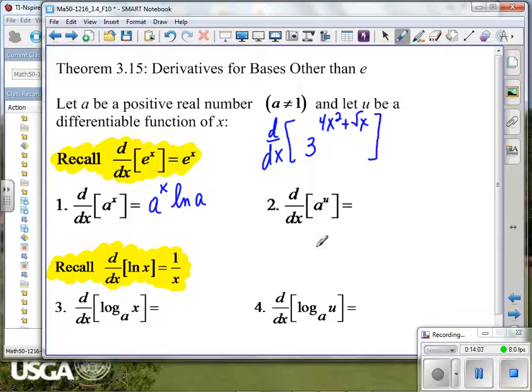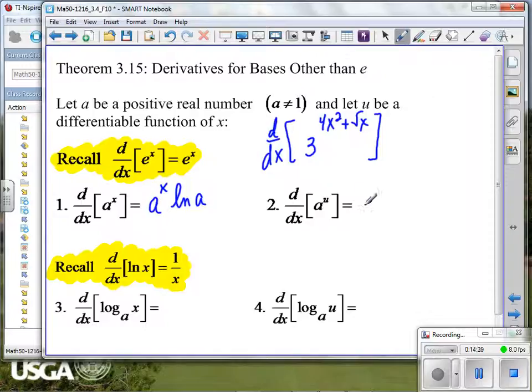That's what this is equivalent to. Because we don't have base e, agreed? It's not base e, it's base 3. And we don't have just x up here, we've got another function. So it's a composite function. You've got a function within a function. You've got a function that's the exponent within the exponential function here.